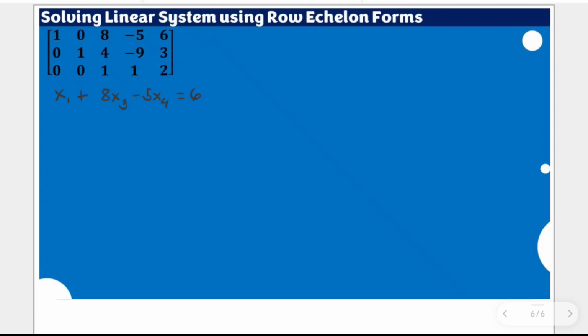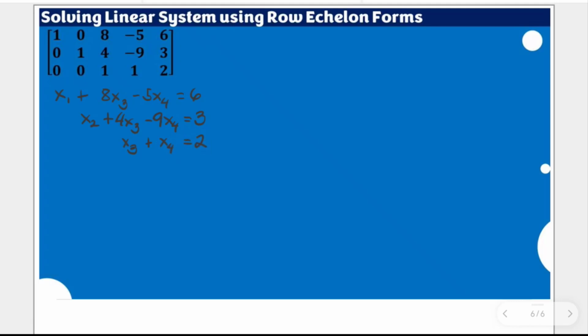The second row would be x sub 2 plus 4x sub 3 minus 9x sub 4 equal to 3. And for the last row, I have x sub 3 plus x sub 4 is equal to 2.